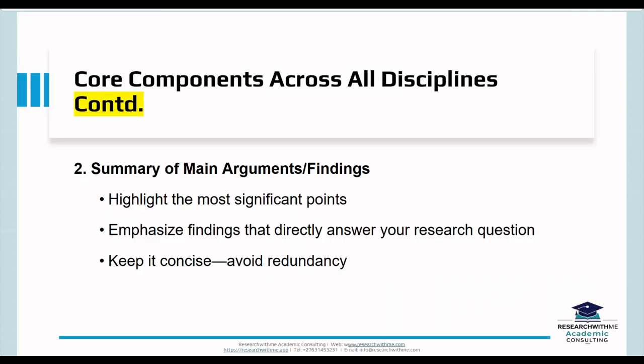So number 2 is that it should be the summary of the main arguments or what you found out. The important points should be stretched out, highlighted, and they must respond to the research question that has been raised.